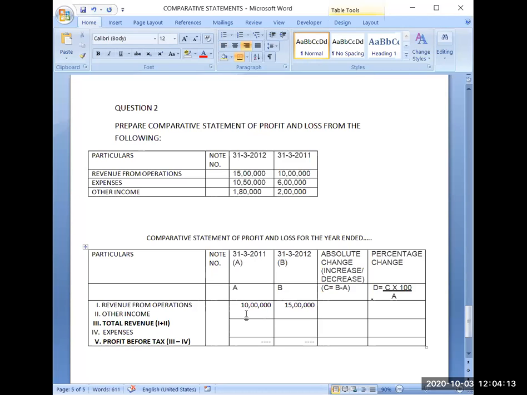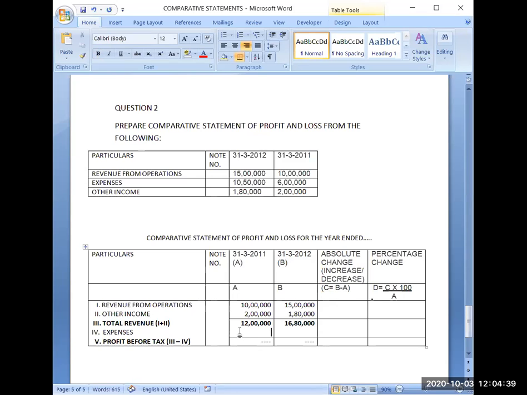Other income last year is 2 lakh, and other income in the current year is 1,80,000. Now the total revenue will be 12 lakh here, and here it will be 16,80,000.